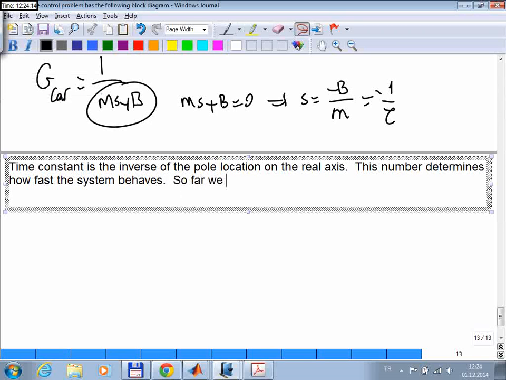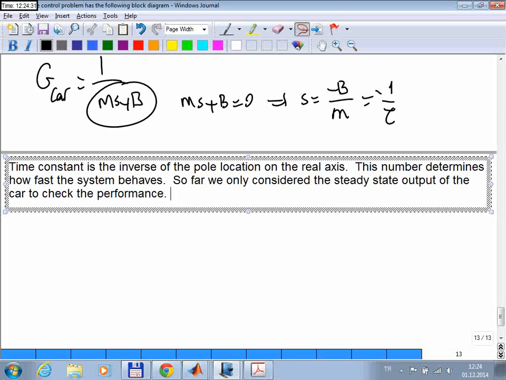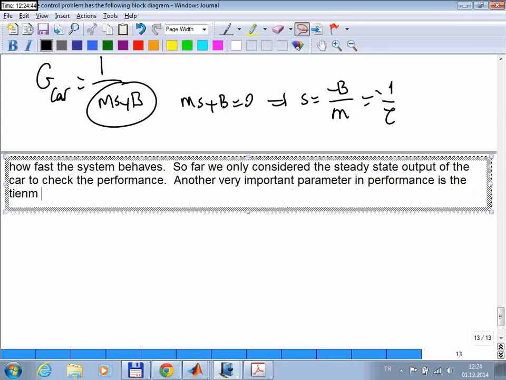so far we only considered the steady state output of the car to check the performance. Another very important parameter in performance is the time constant.